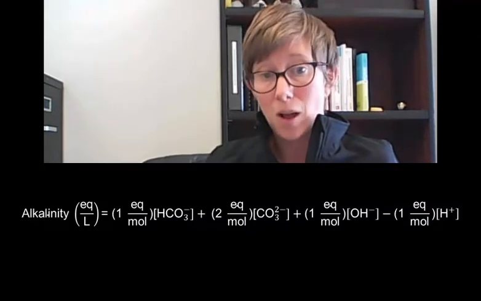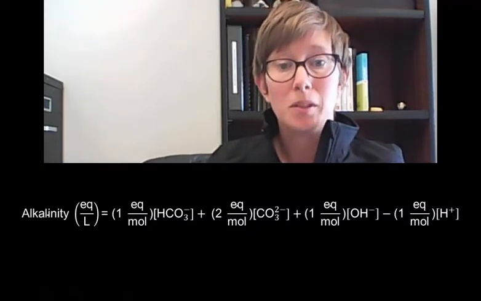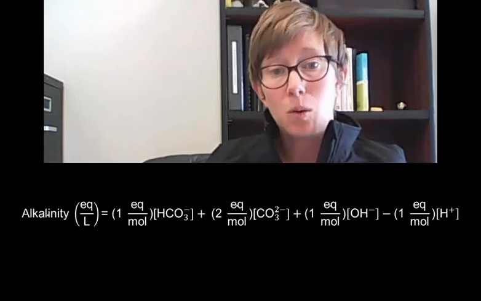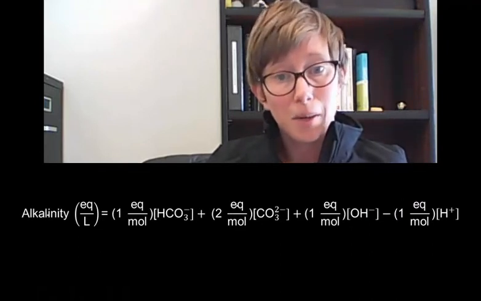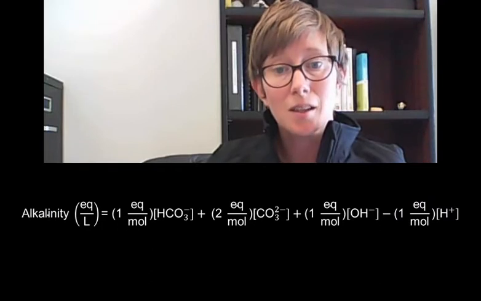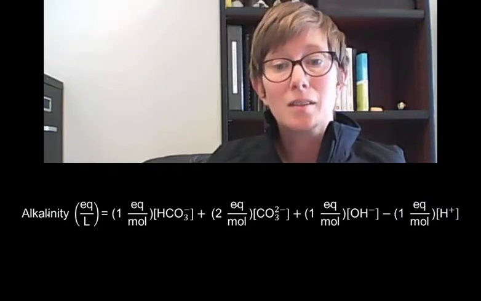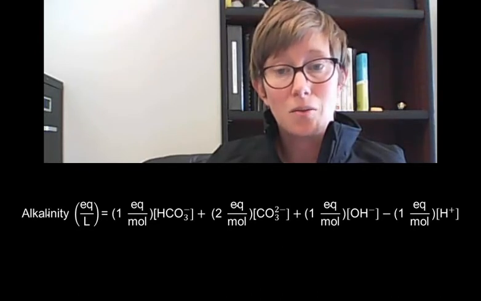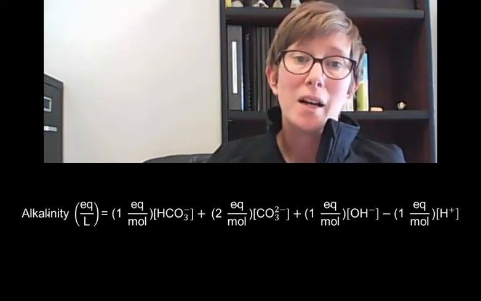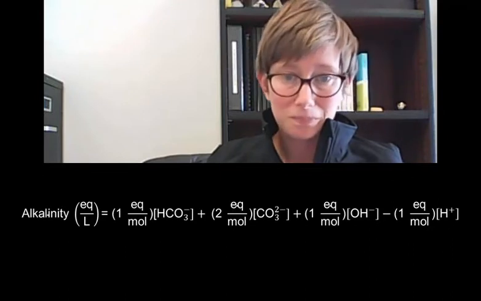Therefore, for the sake of this course, we will write a simplified alkalinity equation, which you can see here. Alkalinity, measured in equivalents per liter, is going to be the sum of equivalents of bicarbonate, HCO3 minus, carbonate, CO3 2 minus, and then with the addition of the hydroxide ion minus the hydrogen ion.